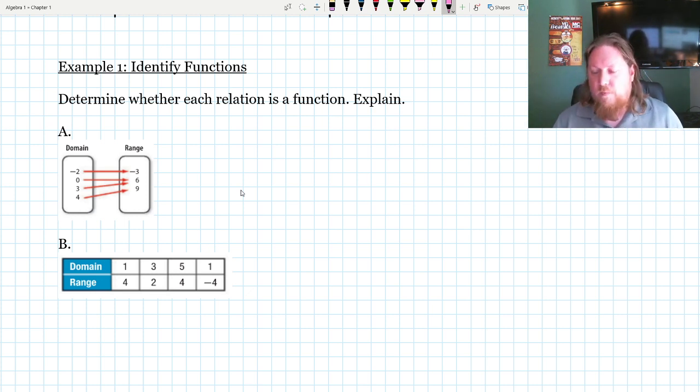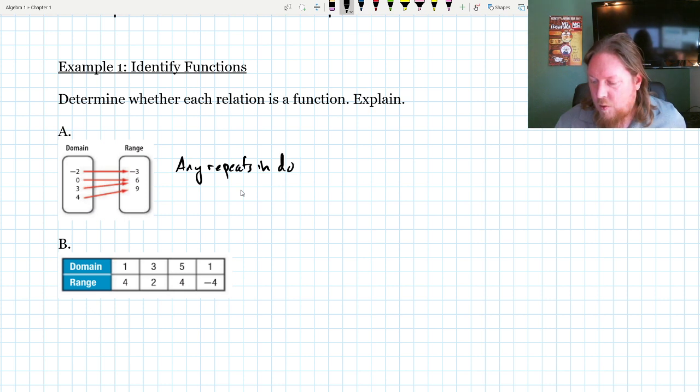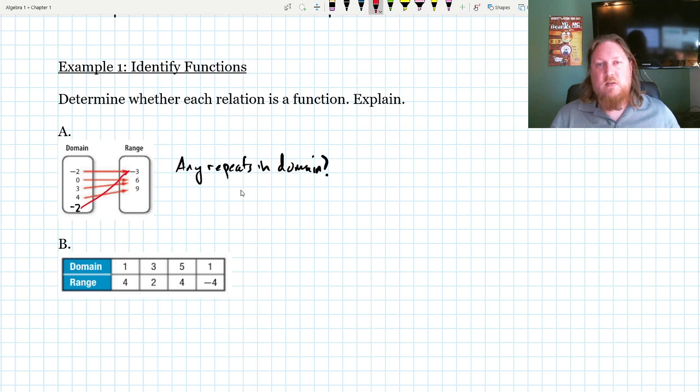Now what you're trying to look for here is any repeats in the domain. If you have a repeat in the domain, it better go to the same exact spot in the range. So like if I have a -2 down here, it better go to -3 again, because the only output -2 is allowed to go to is -3.